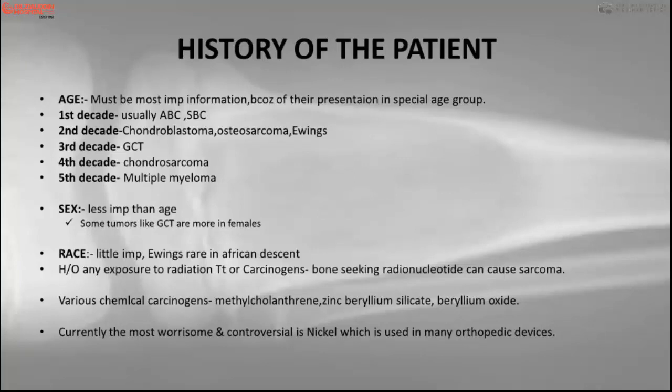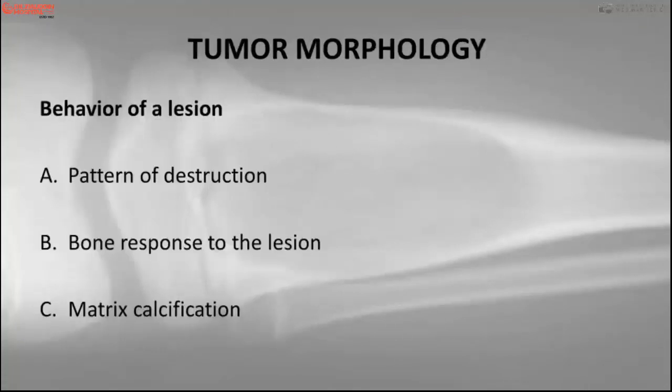Various chemicals like methylcholanthrene, zinc, beryllium silicate, and beryllium oxide can also be precursors of tumors. Currently, the most worrisome and controversial is nickel, which is used in many orthopedic implants.